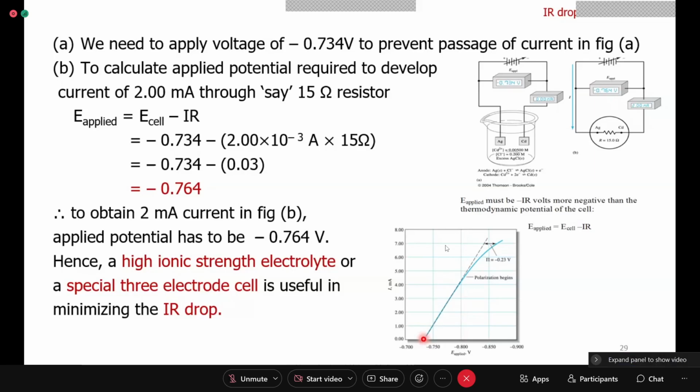Okay, and when you apply a little higher potential, the current value goes on increasing. The electrochemical reaction starts here, that is 0.734. As you go on increasing the potential, the current also goes on increasing. Now what happens after some time, when the current goes on increasing, is that the electrode starts getting polarized.